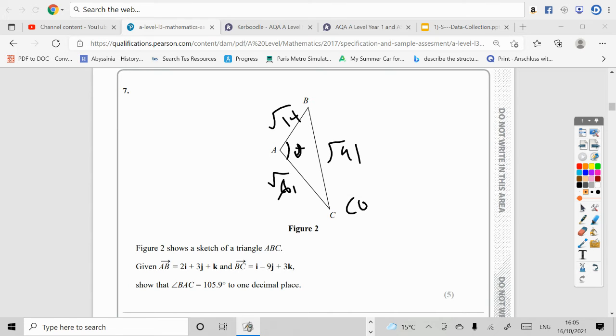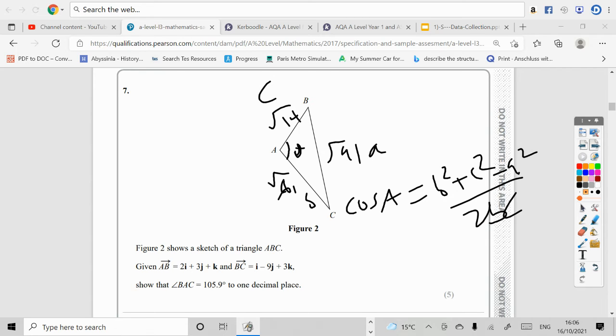So the cosine of the angle, cosine of A, with little a, little b, little c, is b squared plus c squared minus a squared over 2bc. You don't have to remember that, I just remember it from years and years of work.